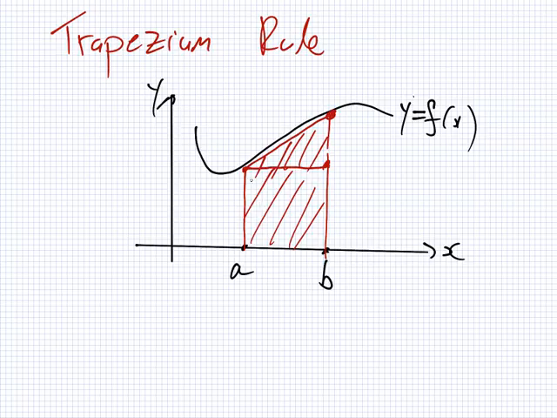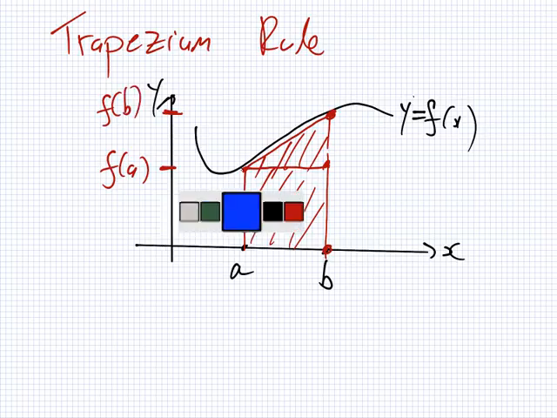So, this one here, its height is f(a). There's b, so this height here is f(b). Is that okay so far? So you could go dot, dot, dot.